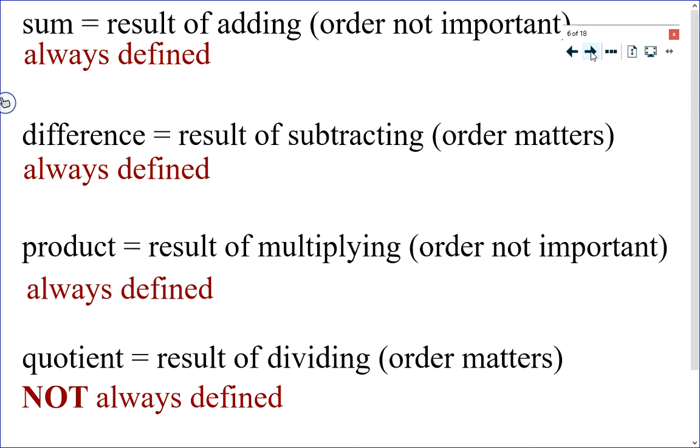And that's because there's something special about division. You were never allowed to divide by 0. So when you take a look at a sum or a difference or a product, you were always allowed to perform that mathematical operation. But you are not always allowed to divide. You cannot divide by 0. And that's something that's going to become important in today's lesson.